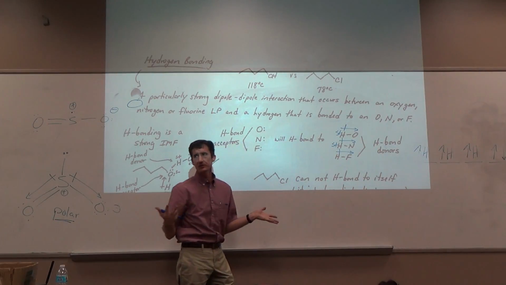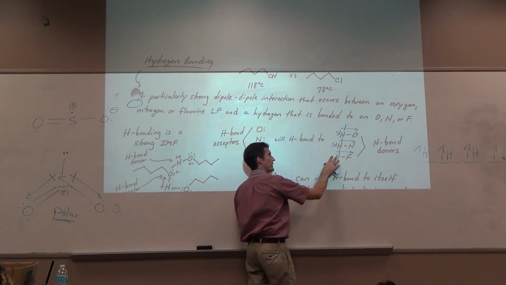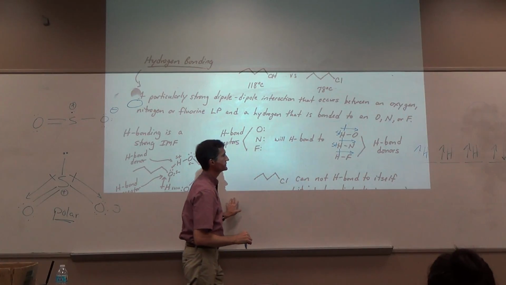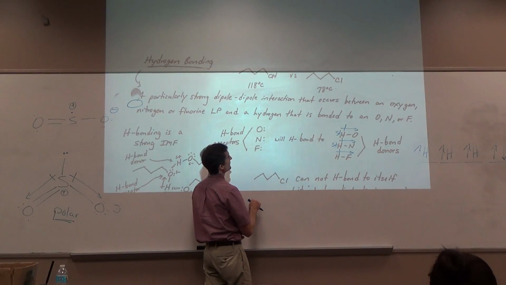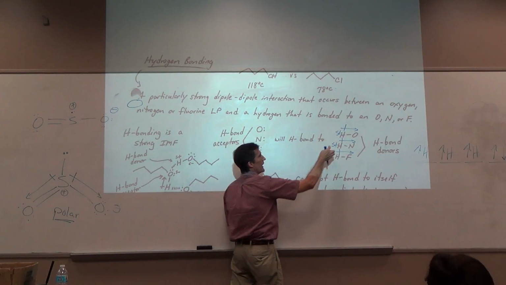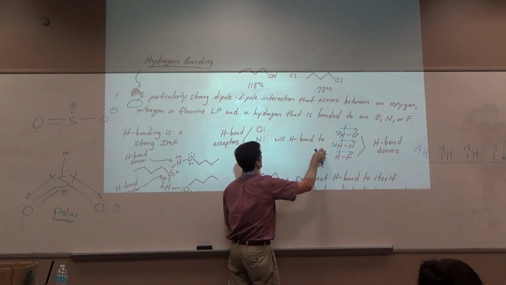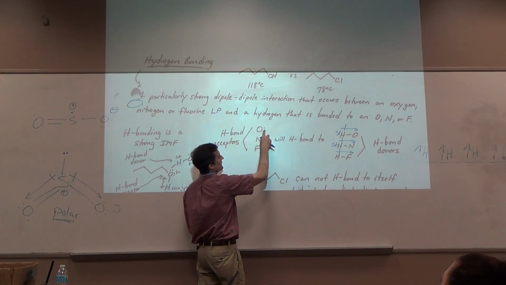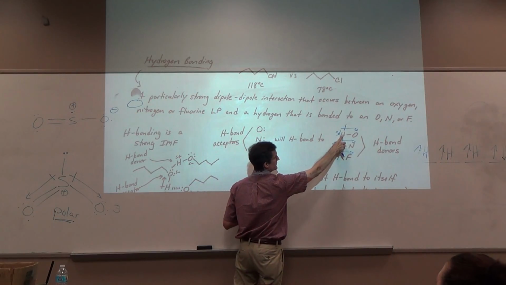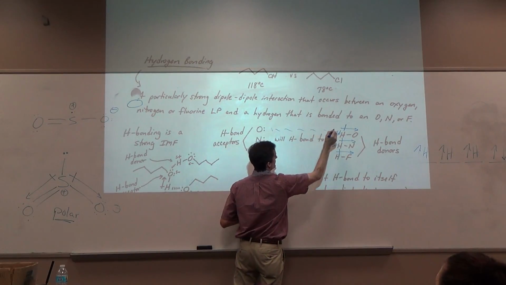HF, because it's just a single molecule, is very uncommon, not seen that much. A lot of partial plus here. When you have an oxygen, nitrogen, or fluorine lone pair, these will heavily associate with that by your non-covalent interaction.